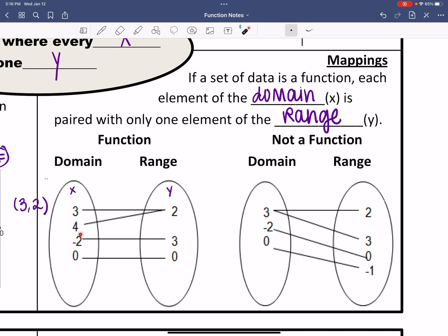Then if I look at my x value of 4, I have 4 being paired with 2. If I continue, I see that I have -2 being paired with 3. And then lastly, I have 0 being paired with 0.